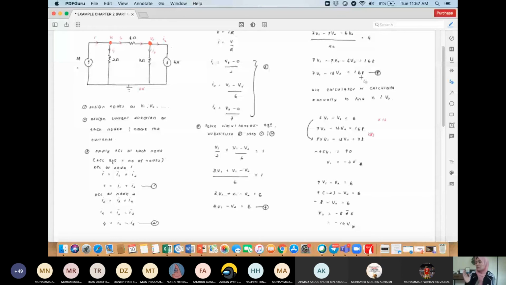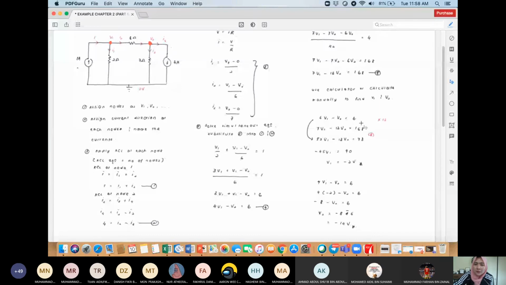I hope you know how to solve a simultaneous equation using your calculator. But if you don't want to use a calculator, then you can solve it manually. Calculate like this. This is the first equation, this is the second equation. To solve this one, I multiply the first equation by 13.